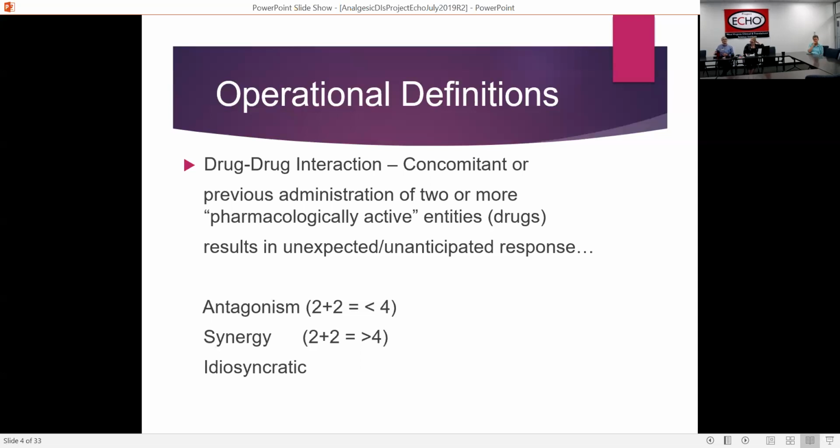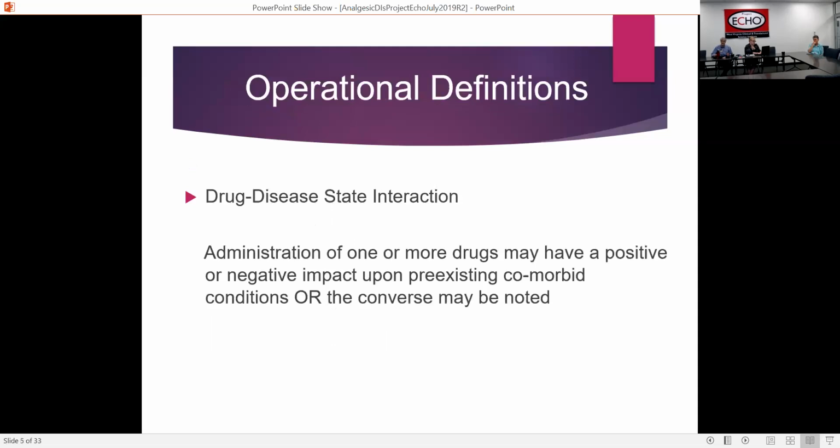The converse would be a synergistic type of effect, where 2 + 2 does not equal 4, it gives you something greater than 4. So now you have a more heightened response from that specific drug. And then you may have something totally unexpected, which would be considered idiosyncratic.